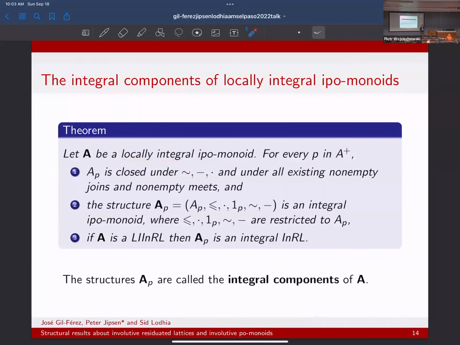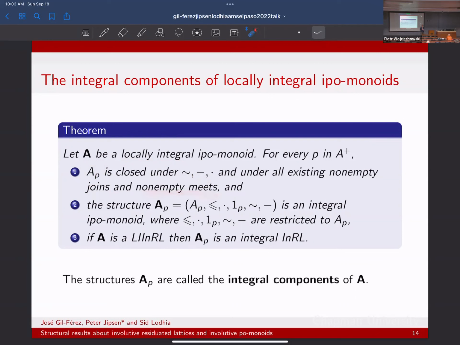Locally integral IPO monoids have more properties. A sub p, now I'm using p here instead of x because p is a positive element. I can always find this positive element, and that's the index. The set is closed under tilde and minus. It's closed under non-empty joins if they exist. So of course, if you have a poset, sometimes the joins exist and the set will be closed under those.